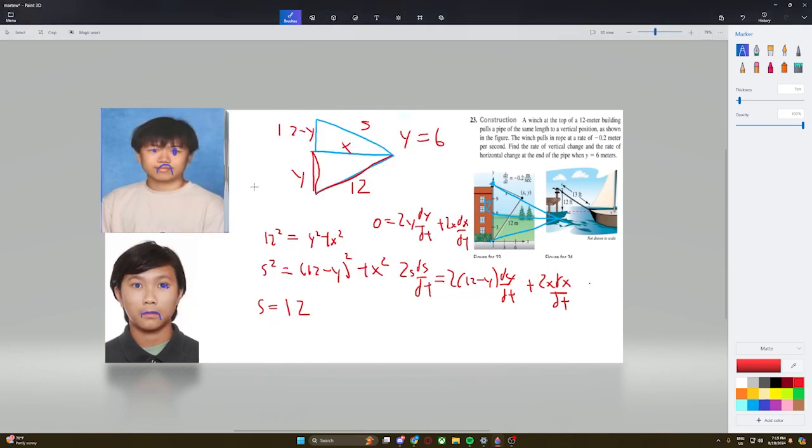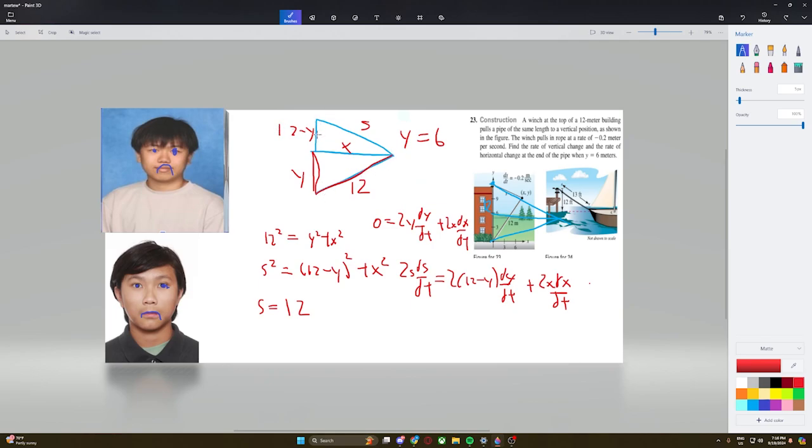Okay, I don't want to explain or write this again. I spent like 20-30 minutes doing this. So a winch at a 12-meter building pulls a pipe. The triangle would look like this right here. This is the winch, and this is the pipe.